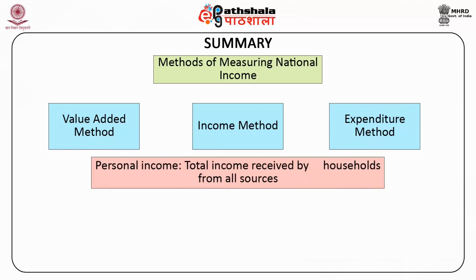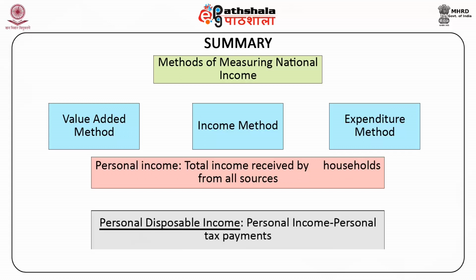We learned that personal income is the measure of total income received by the households from all the sources. If personal tax payments are deducted from personal income, we get personal disposable income, which is the income available to spend for private sector.